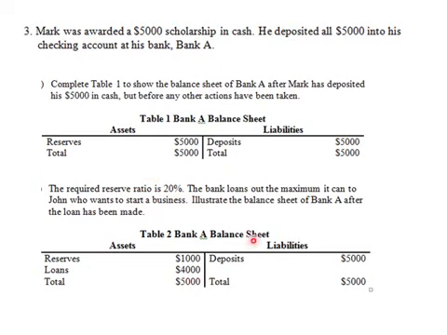Bank A has the $5,000 deposit from Mark earlier. Out of this $5,000, Bank A can lend out a maximum of $4,000, which is the remaining 80%, as loans. So loans, 80% of 5,000 is $4,000. The reserves, which are compulsory and must be kept with the bank and cannot be lent out, is $1,000.